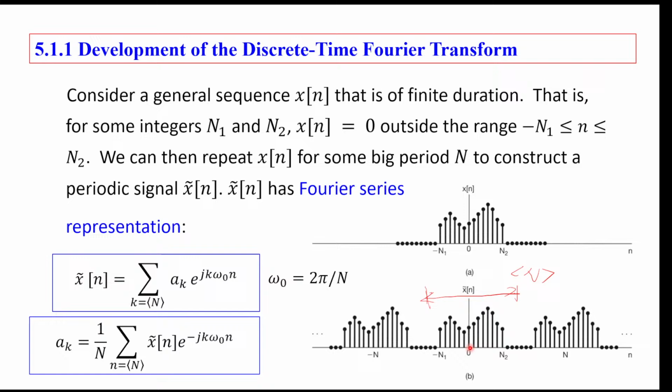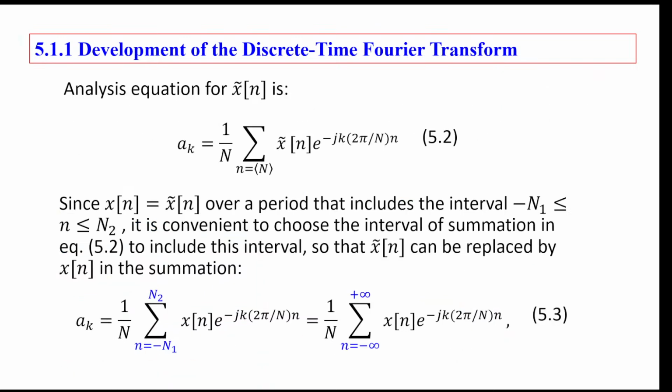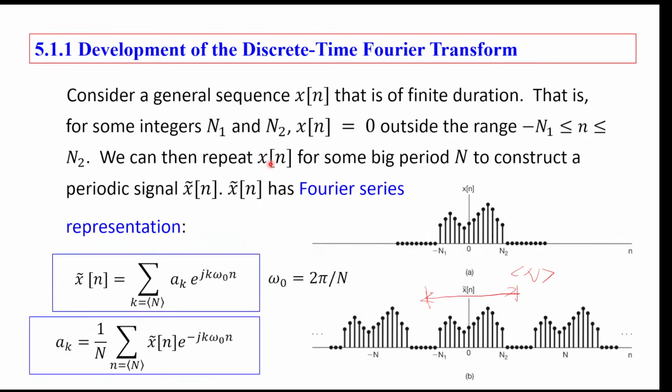And then we look at this a_k as a function of x tilde of n, and we do the same manipulation as in chapter 4, where the summation over n is summing over some interval of length big N. A good interval to pick is one including this -N1 to N2.